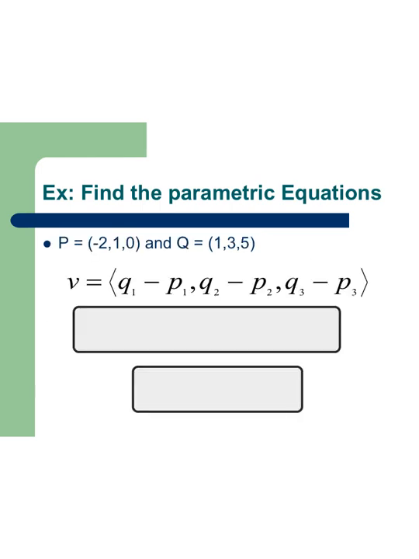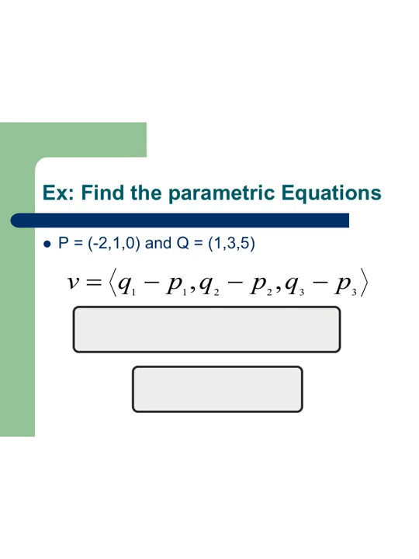In our next example, we have two points for our line. We have point P and point Q representing a terminal and an initial point on our line. We're going to use those points to come up with a vector that is parallel to our line and plug things into our parametric equations from there. To begin, we have our formula to find the components of our vector: q1 minus p1, q2 minus p2, and q3 minus p3.